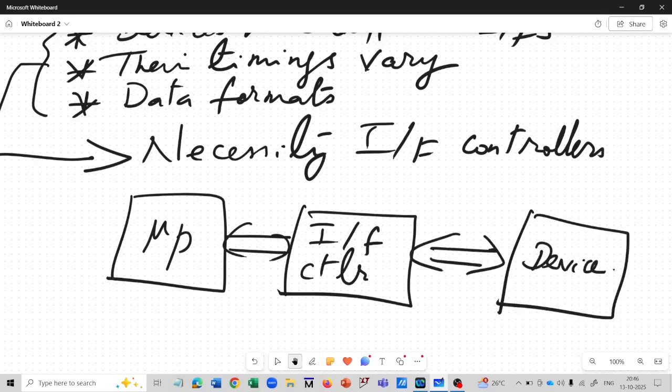You may have a single interface controller for several devices, for instance a DMA controller which talks to the processor on one side and to a device on the other. Or you may have dedicated interface controllers for specific devices. So this is where the interface controller is positioned in an overall processor based system or even in a modern SoC.